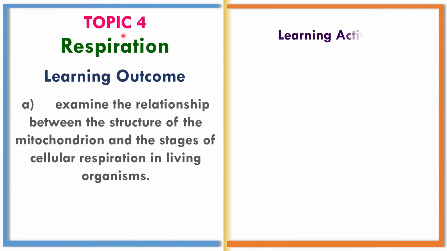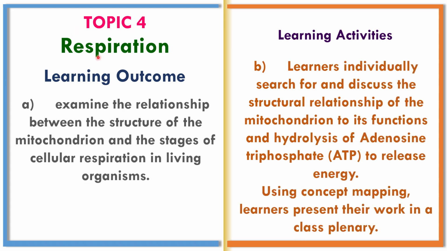Thank you very much for participating in topic 4, respiration. Learning outcome A: examine the relationship between the structure of the mitochondrion and the stages of cellular respiration in living organisms.